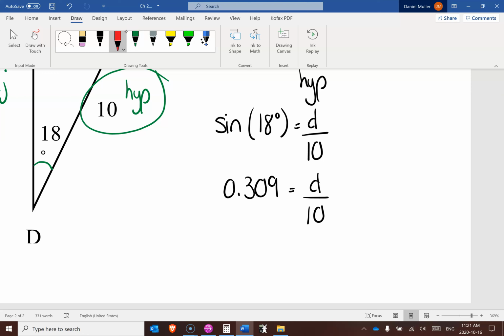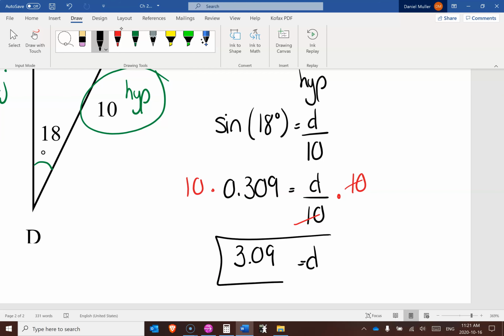Now I need to get D alone, so I'm going to multiply both sides by 10. And D equals, well, whenever you multiply by 10, you can move the decimal place over. So this is 3.09. That is the length of D.